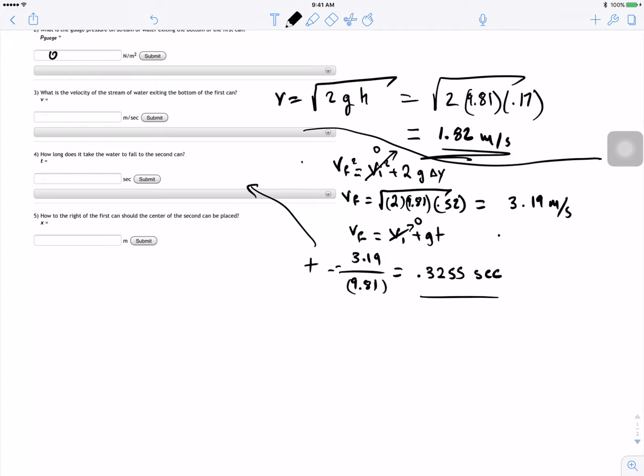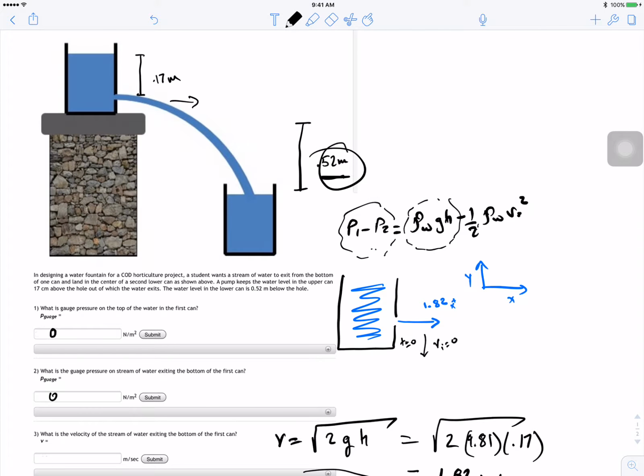All right, now how far to the right of the first can should the center of the second can be placed? So they want where should this be? Okay, they want the distance from here to here.